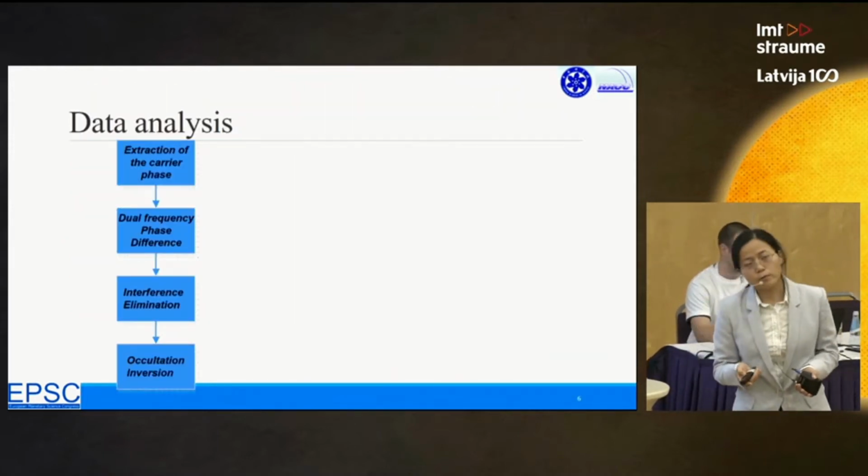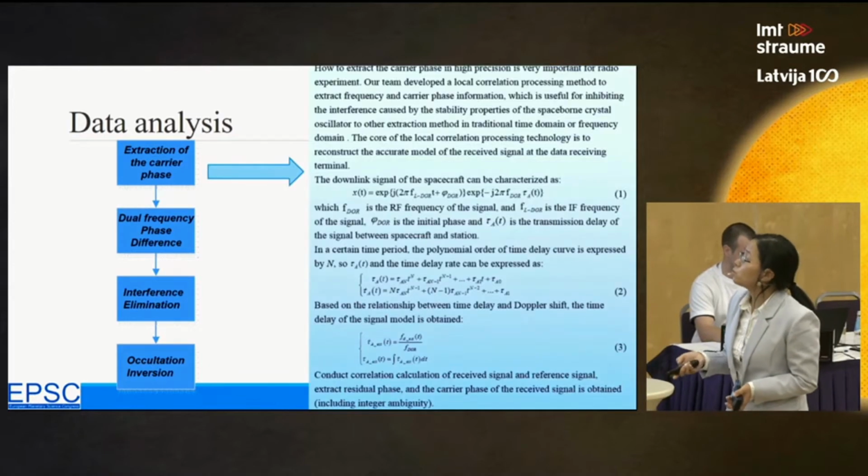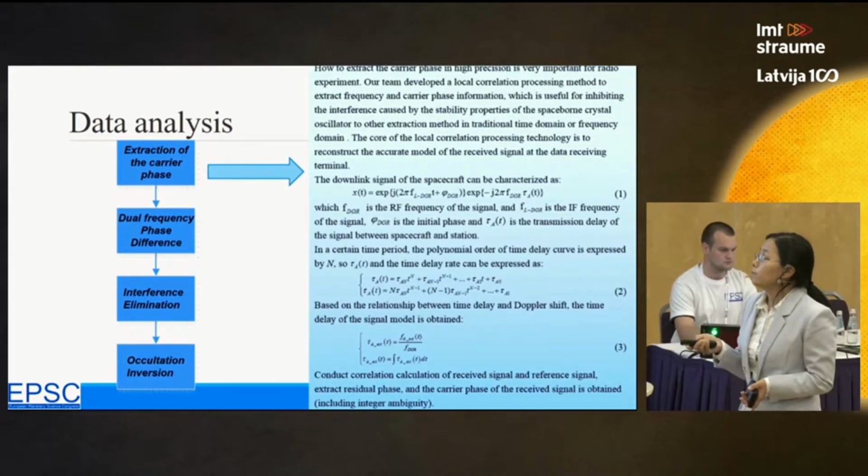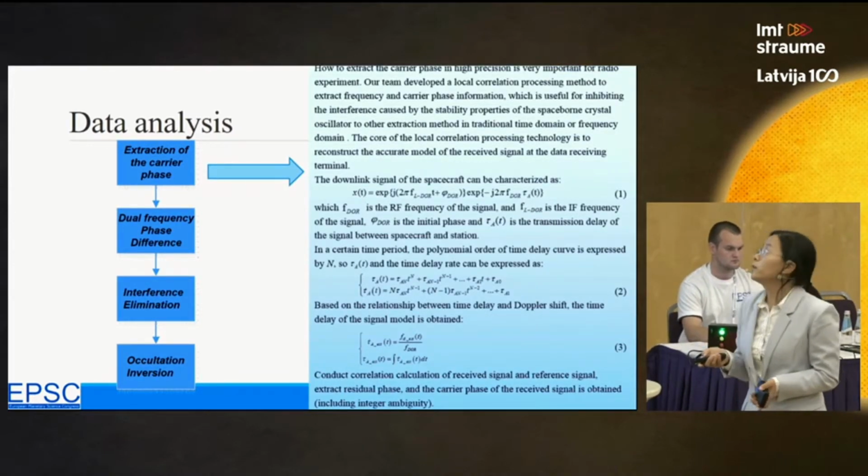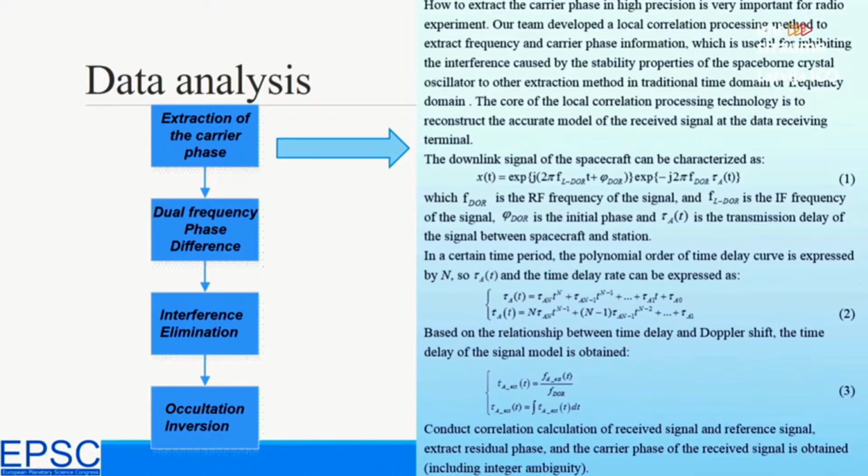After we get observations, first we should extract the carrier phase. This is very important for radio experiments. So our team developed a local correlation process method to extract the frequency and phase.